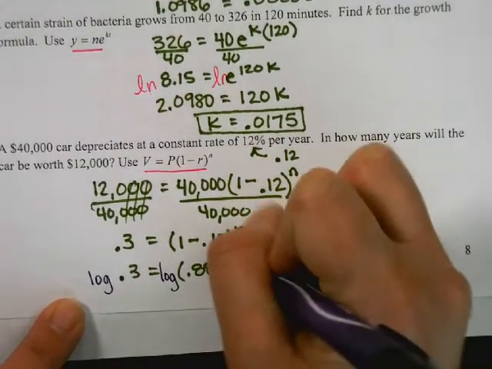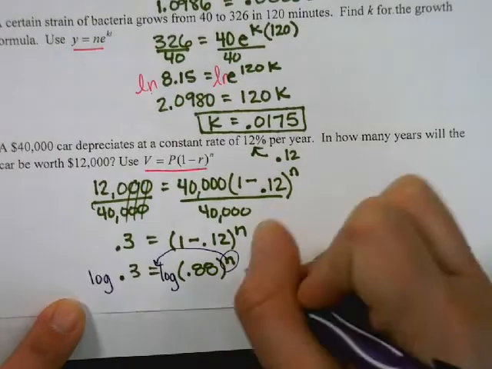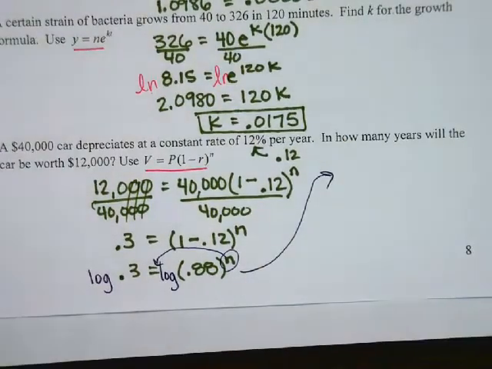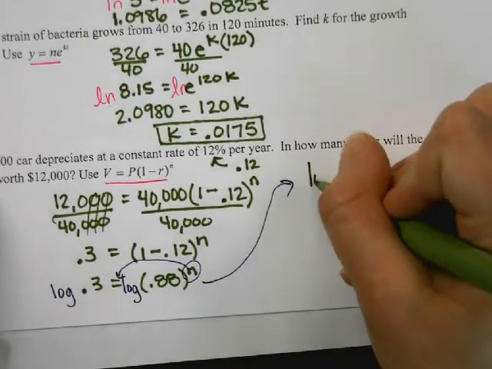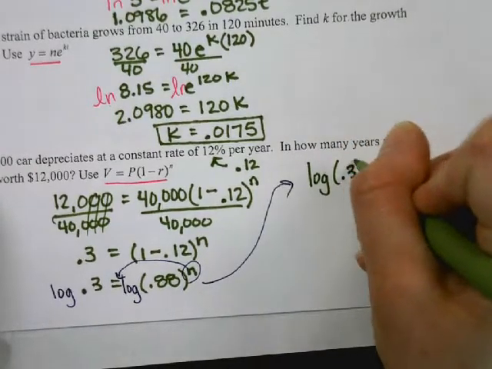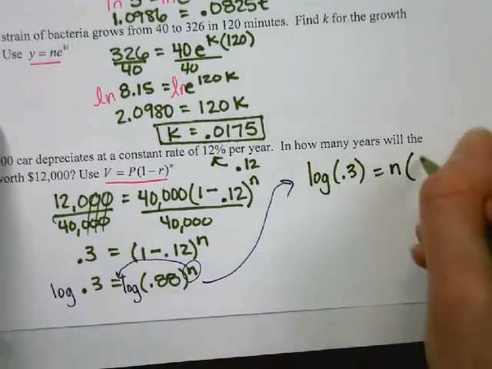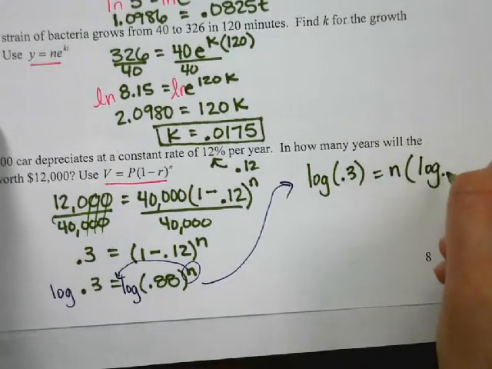I'm going to do a plain log. You get the same. Do you want to try it with natural log? See if they match? So I get log of 0.3 equals n times the log of 0.88.